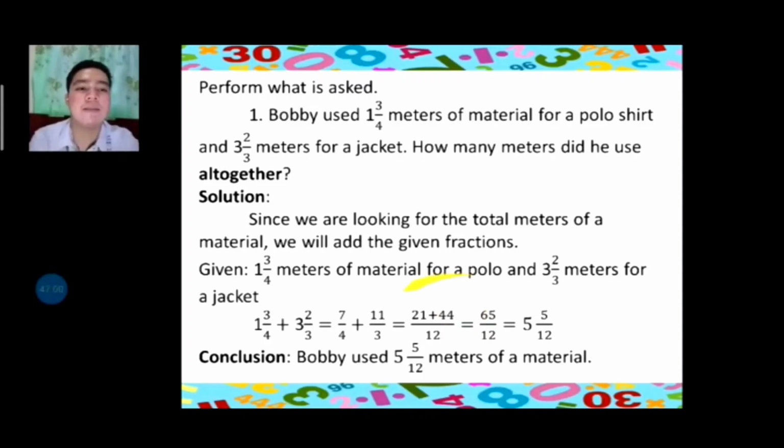Now, 21 plus 44 is 65 over the denominator 12. You can simplify this by reducing it to lowest terms. So 65 divided by 12 is 5 and 5 over 12. Therefore, our conclusion will be Bobby used 5 and 5 over 12 meters of material.